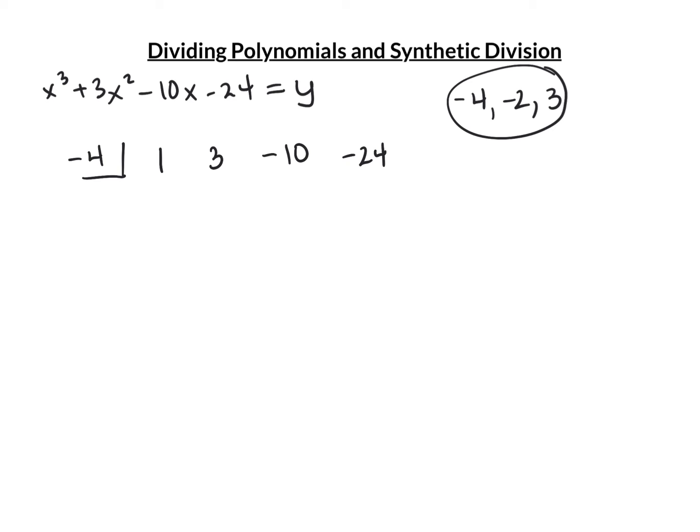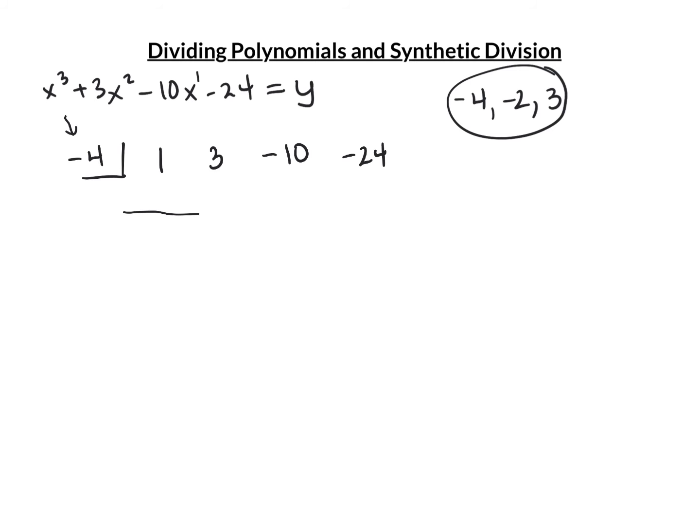-4 looks like it probably is a 0, which means, by the way, the factor would have been x plus 4, because to make -4 0, your factor has to be x plus 4, the opposite sign. When you plug in -4, you get 0. I wrote out my coefficients and everything's in the right order, and my constant at the end.